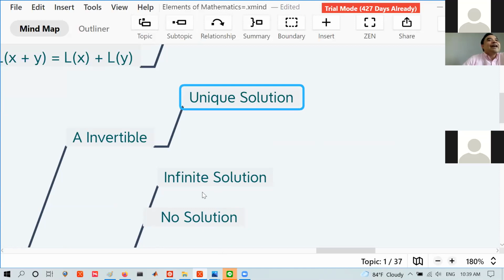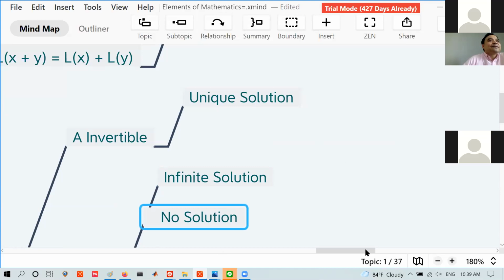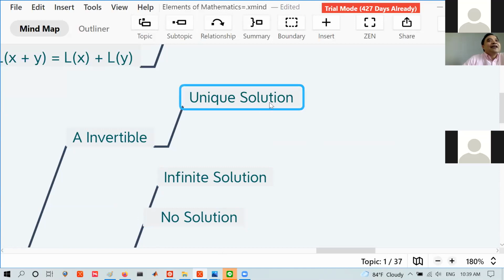Occasionally you see this, but you never see that. Now, I mentioned to you that in life, you rarely ever run into this unique solution, or at least you will not be paid professionally to solve it, because if the solution is unique, there is no decision making.